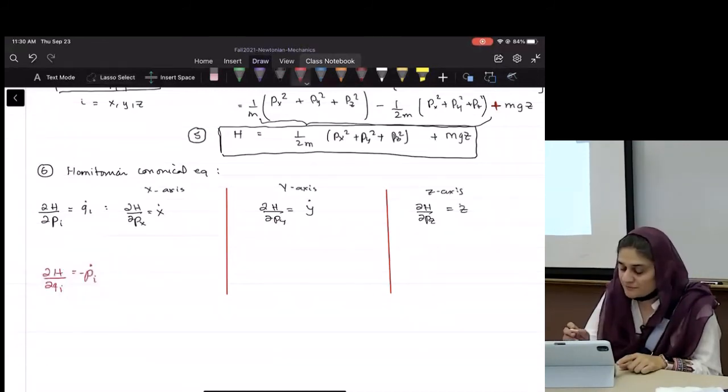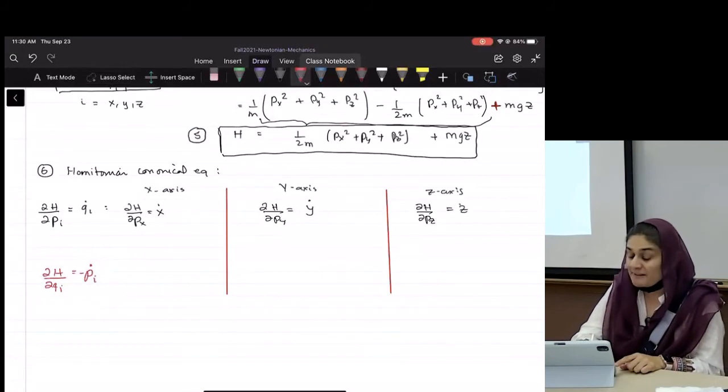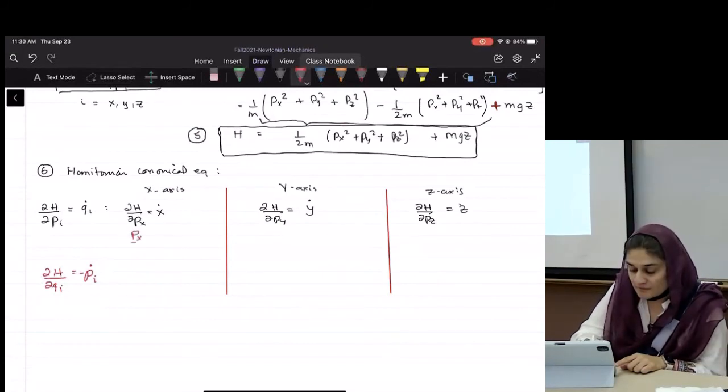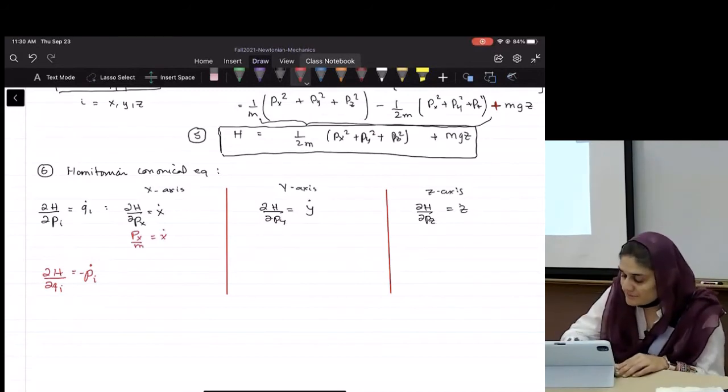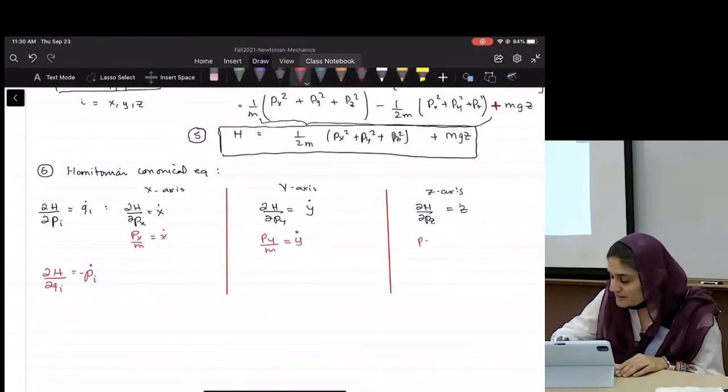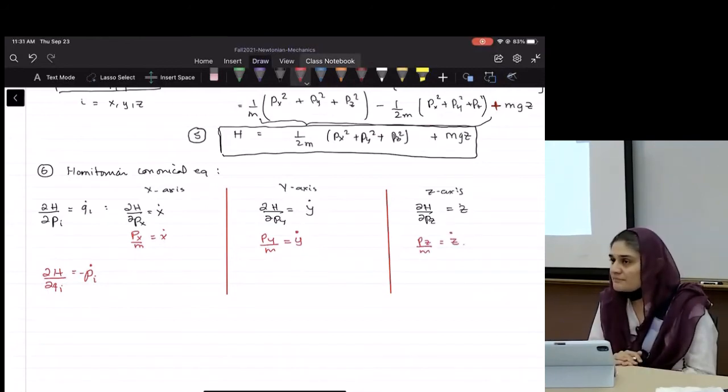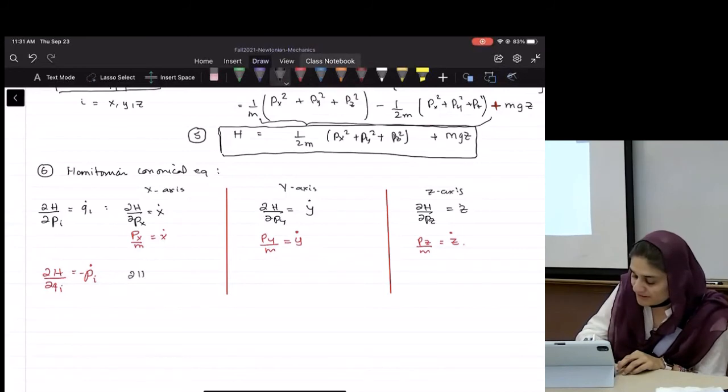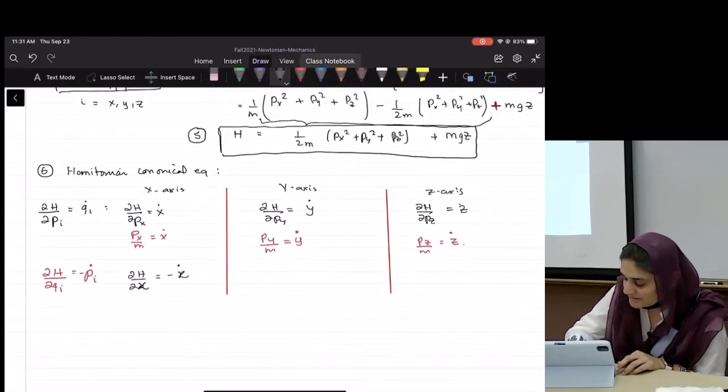Okay, what's the answer for this one? Partial h over partial px. Is this going to be py over m equals y dot? Is this going to be pz over m equals z dot? So far, so good? This is going to be partial h over partial x equals minus p x dot.